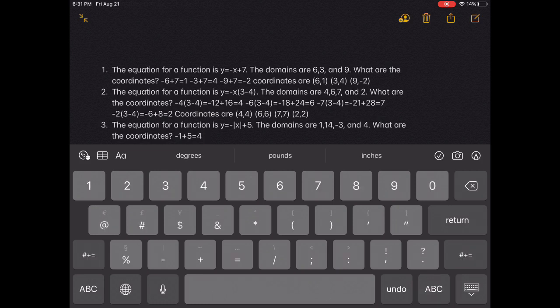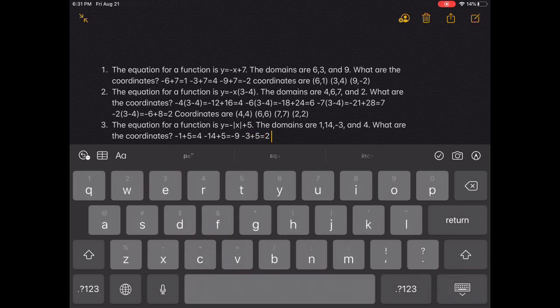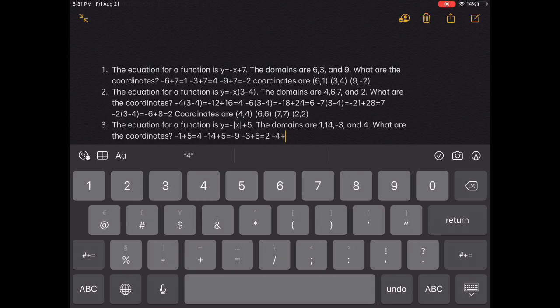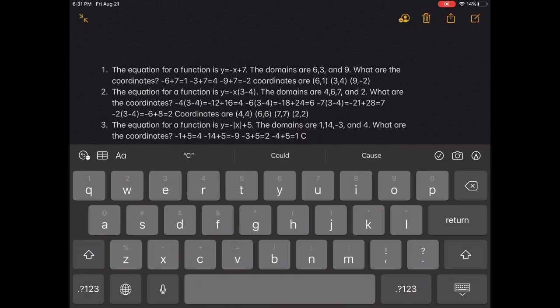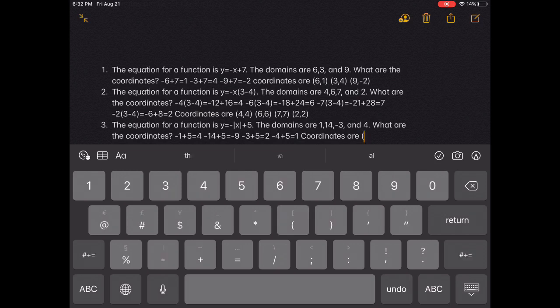The next domain is 14, we put that into the absolute value, and since there's a negative sign in front of it, we do -14 plus 5, and that's -9. For the next one, we do the same thing. It's always negative. So -3 plus 5 will equal 2. For the 4, we also do the same thing. So -4 plus 5 equals 1.